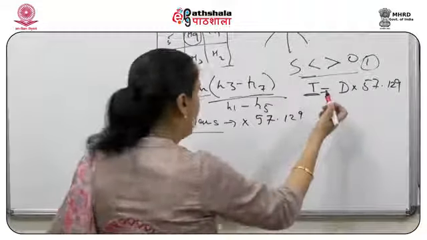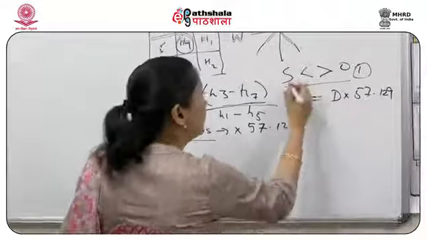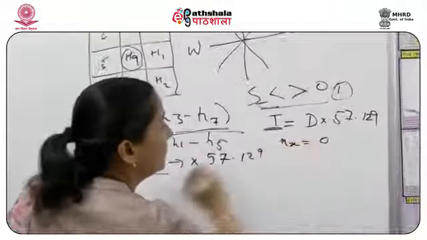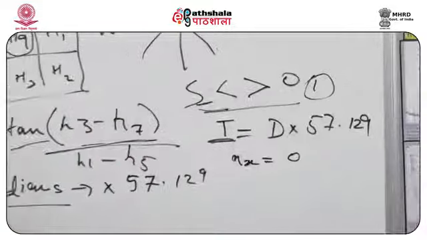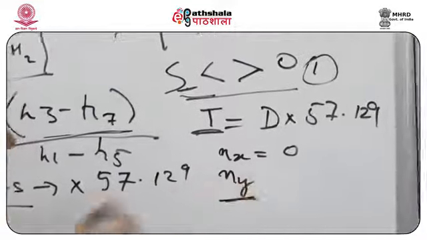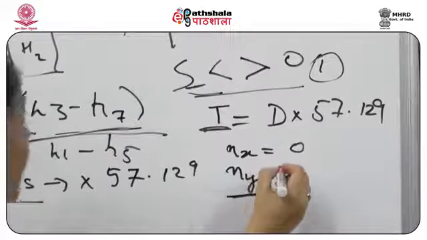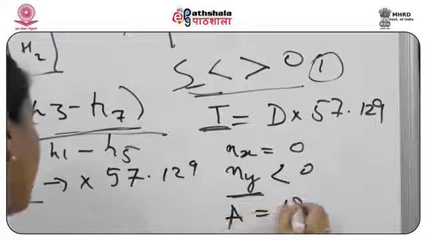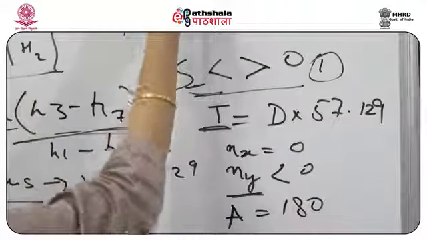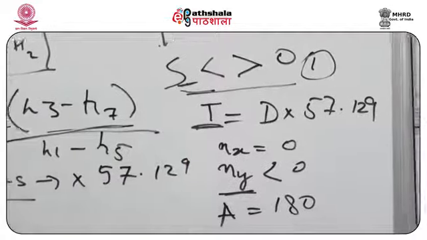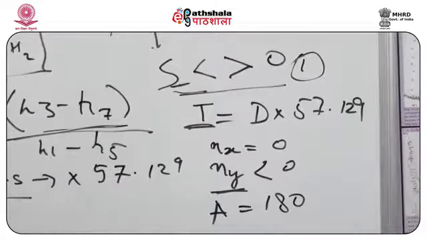Now how do we calculate the direction for this? Suppose that in calculating this slope your nx is equal to 0. So if your nx is 0, we only look at the ny value. If ny is less than 0, then your aspect is equal to 180 degrees. You get your aspect value here.